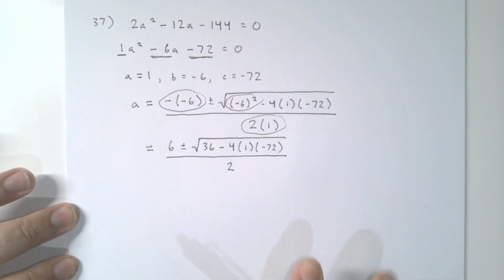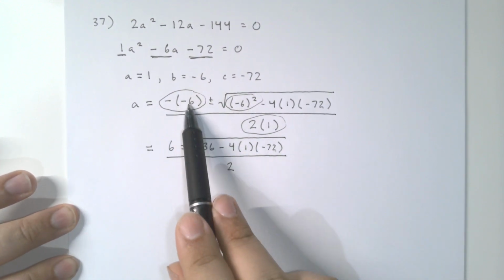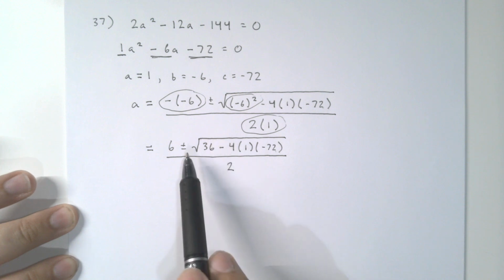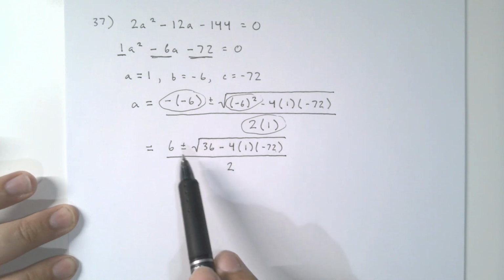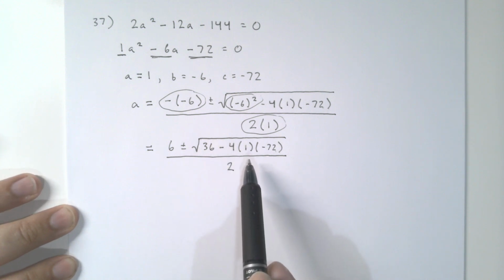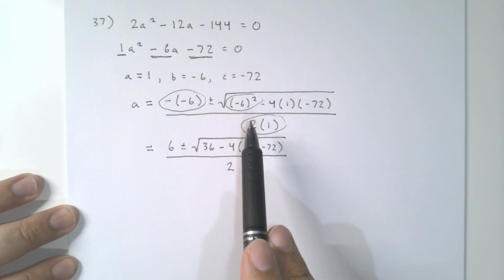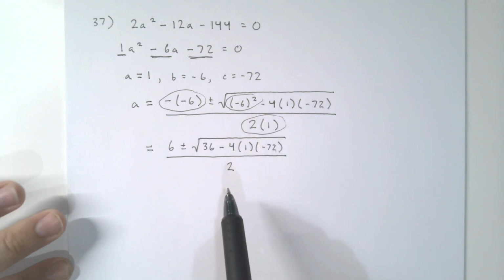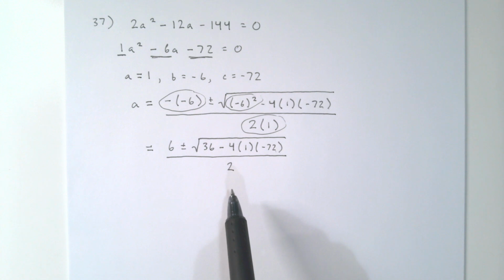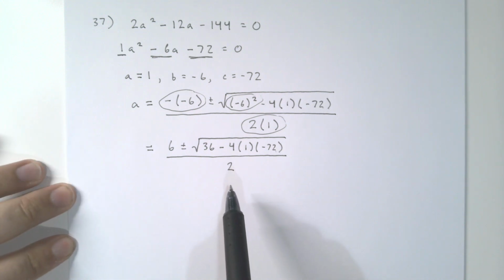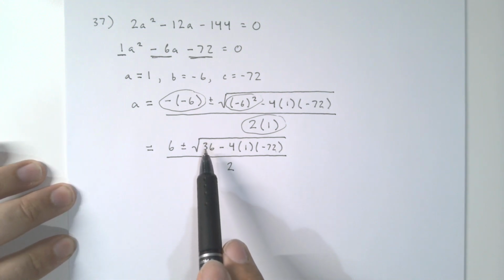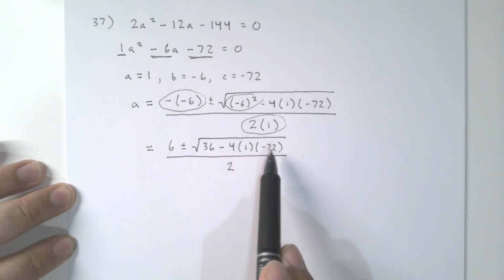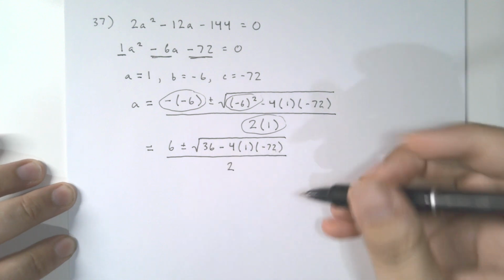So if we simplify these parts right off the bat, we already have a much simpler expression. It looks visually less complicated than what we have up here. And because you're going to have a calculator on your exam, what I encourage you to do is put into your calculator the inside of the square root here.